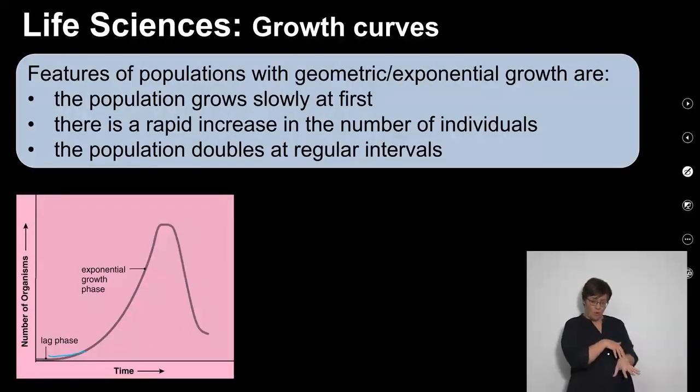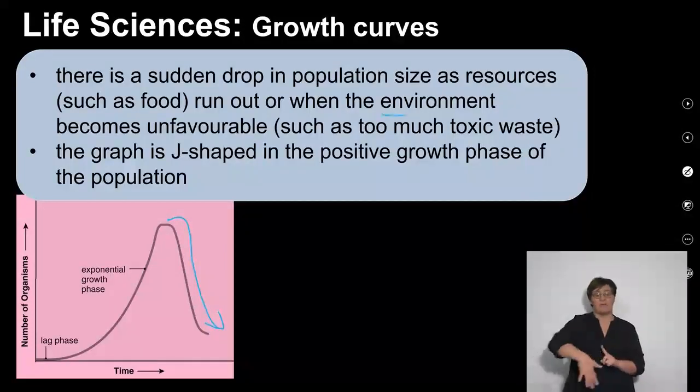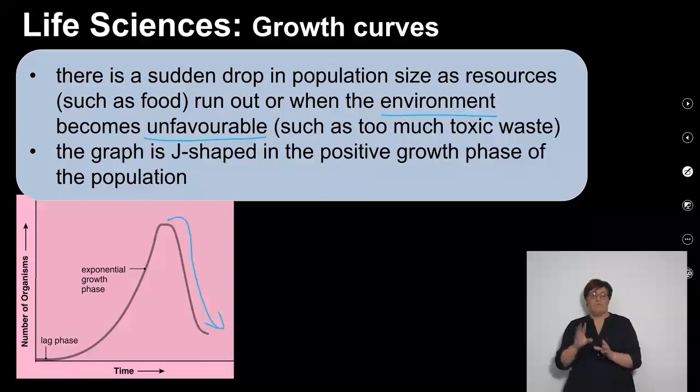Slow population growth at first, then rapid, and we will probably see a doubling at regular intervals of that population size, but then there's going to be the sudden drop, and this is when resources run out or environmental resistance starts to creep in.